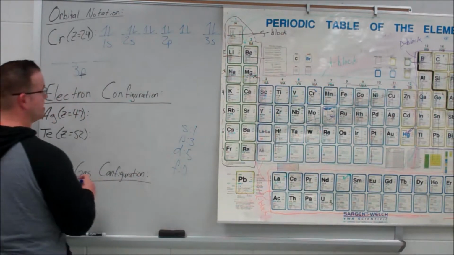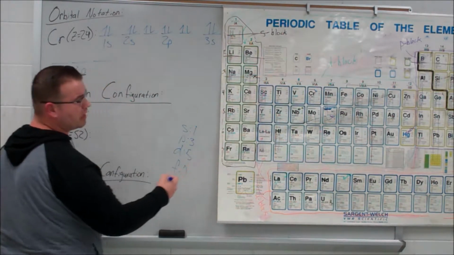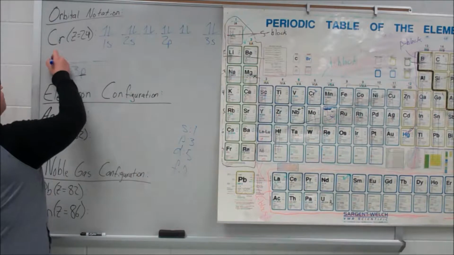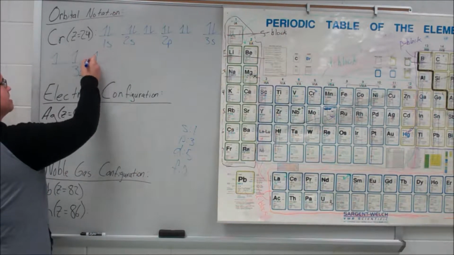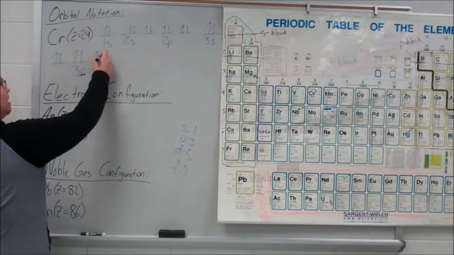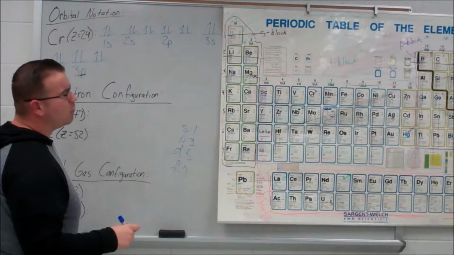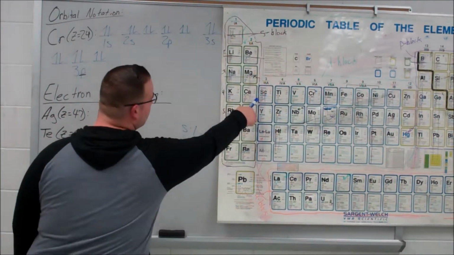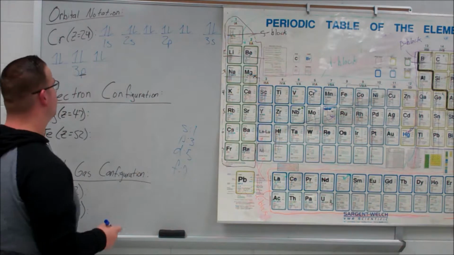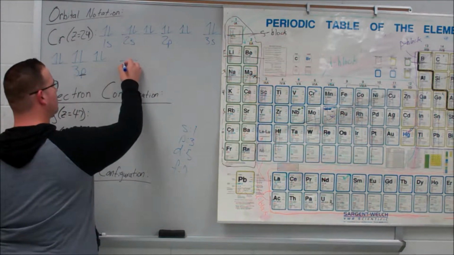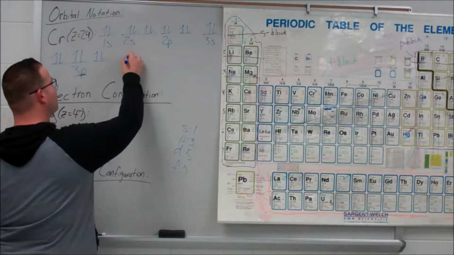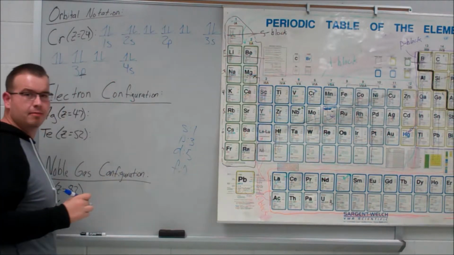Okay? So continuing on, we go all the way through 3p. It's completely full, so we're going to put the 6 electrons in there for the 3p. Now that it's full, we come back to the fourth row, and we're going through the 4s. So here's 4s. And it's full, so we fill it completely.